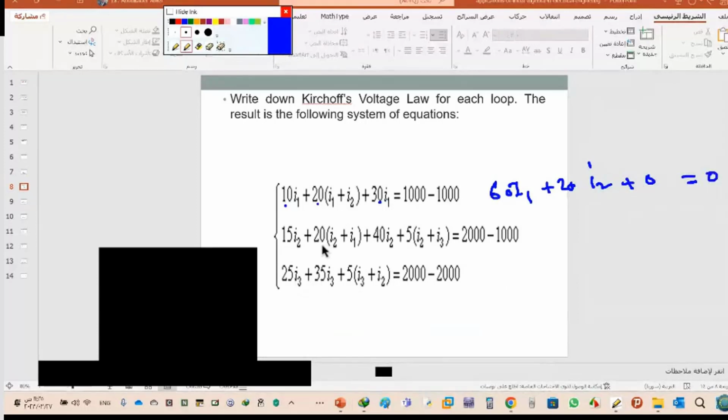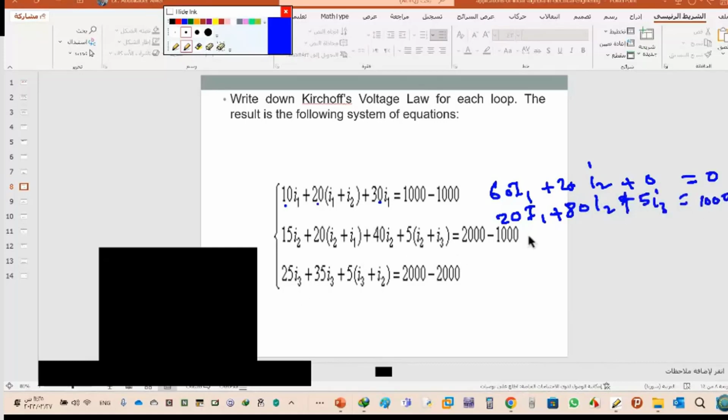Now here we have I1 is 20, I1, 20, 35, 75, 80 I2 equal I3. Here is 5 plus 5 I3 equal 1000.